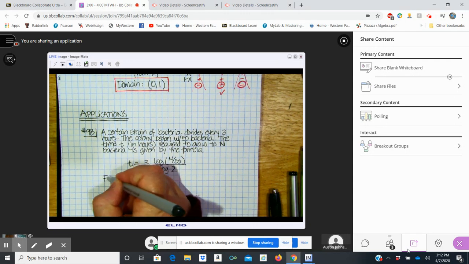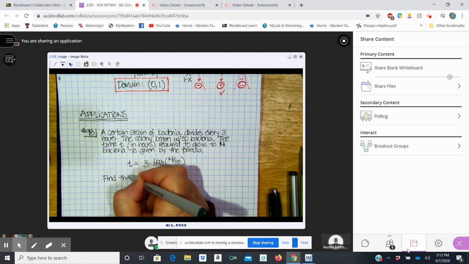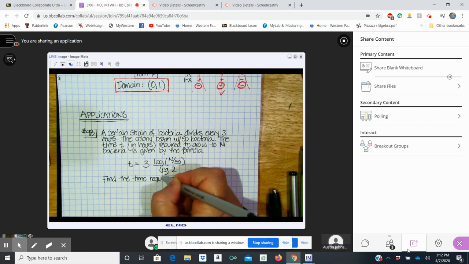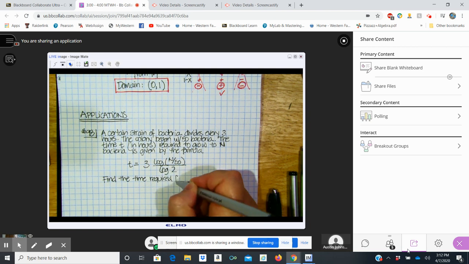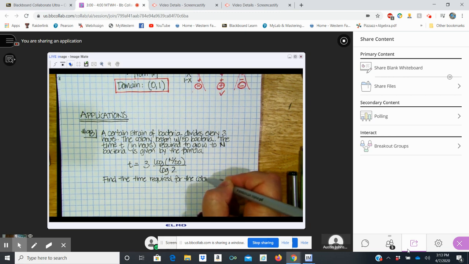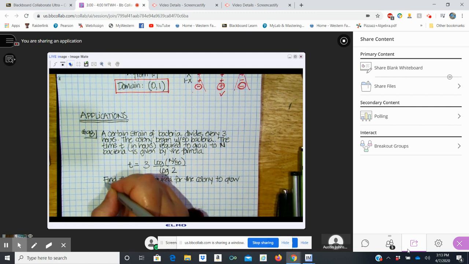And then it asks you to find the time required for the colony to grow to 1 million bacteria.